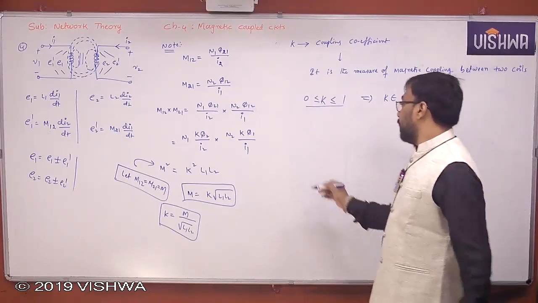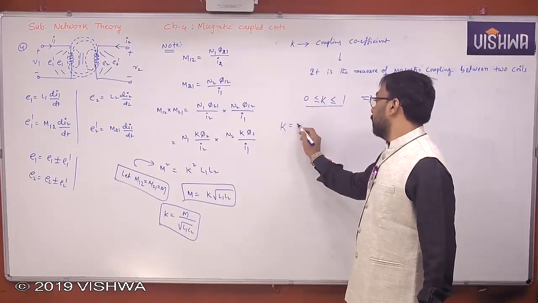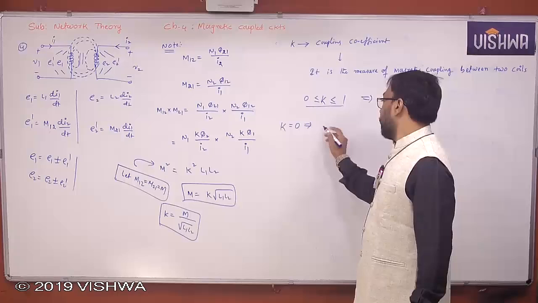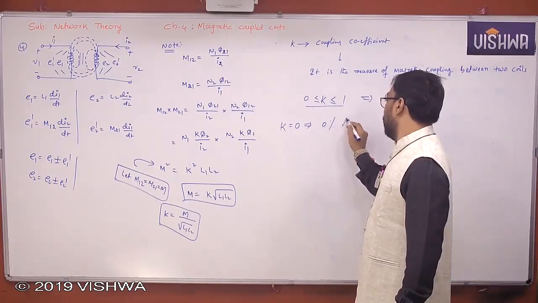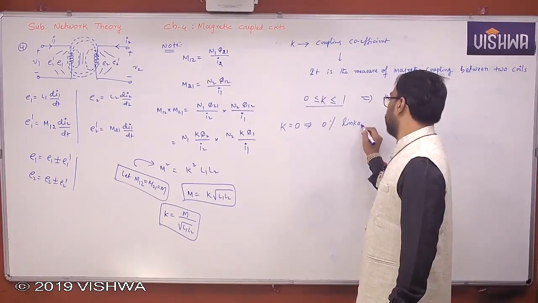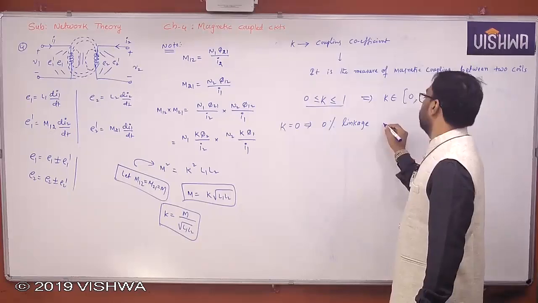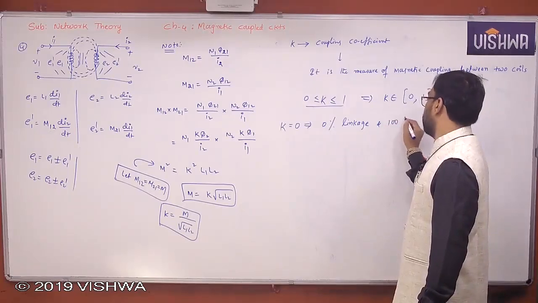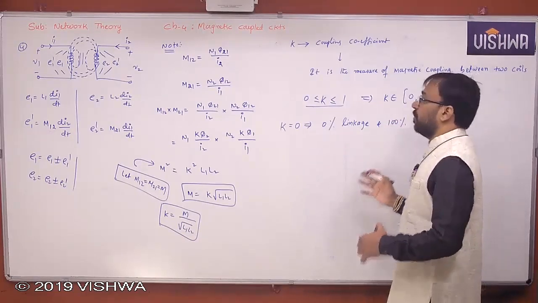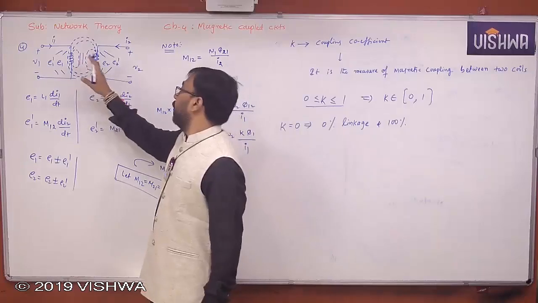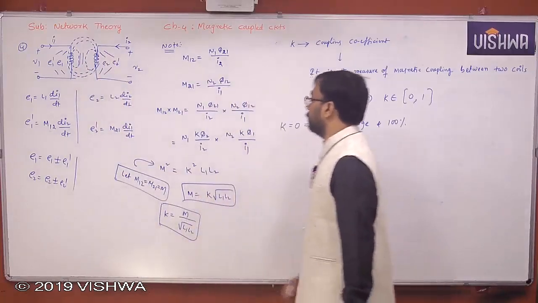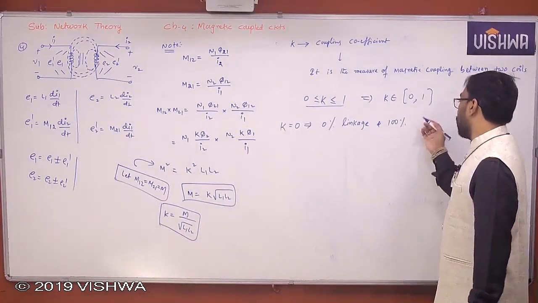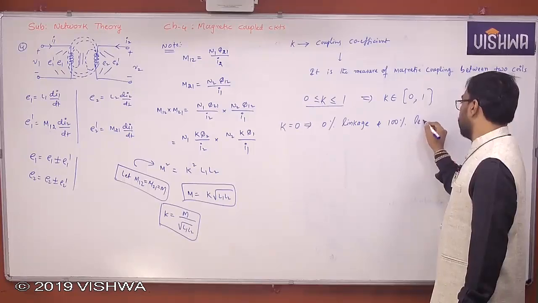So what will happen if K equal to 0? 0% linkage and 100% leakage. Yes or no? There is no flux at all linking with the other coil. Okay, 0% linkage or 100% leakage.